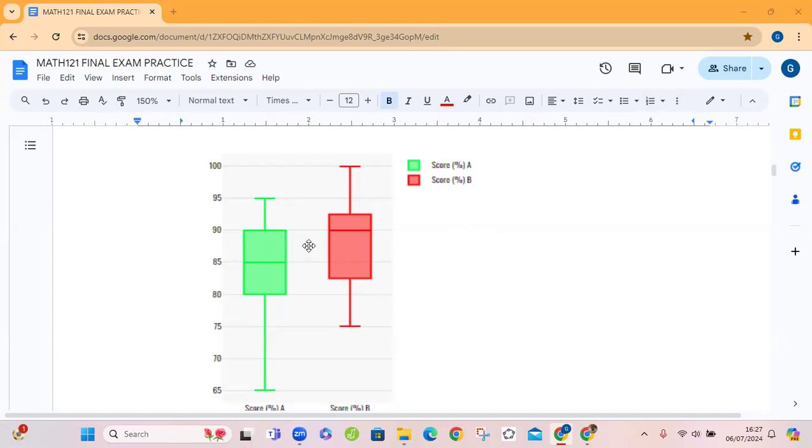The range for A is 95 subtract 65, which is 30, whereas for B it's 100 subtract 75, which is 25. So the group with the greater range is A, with a range of 30.